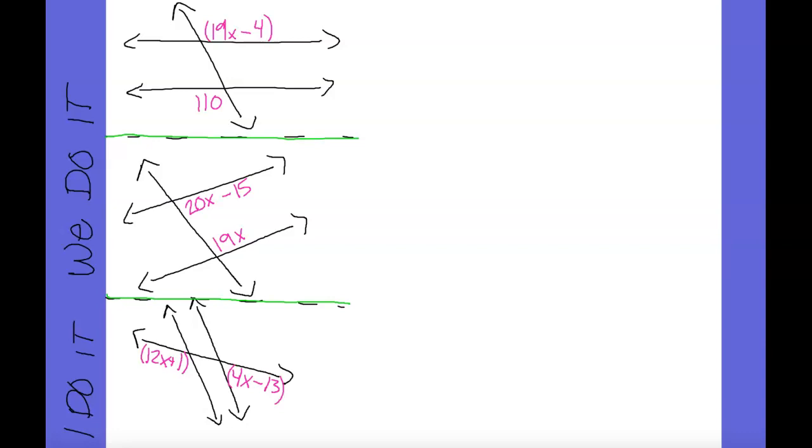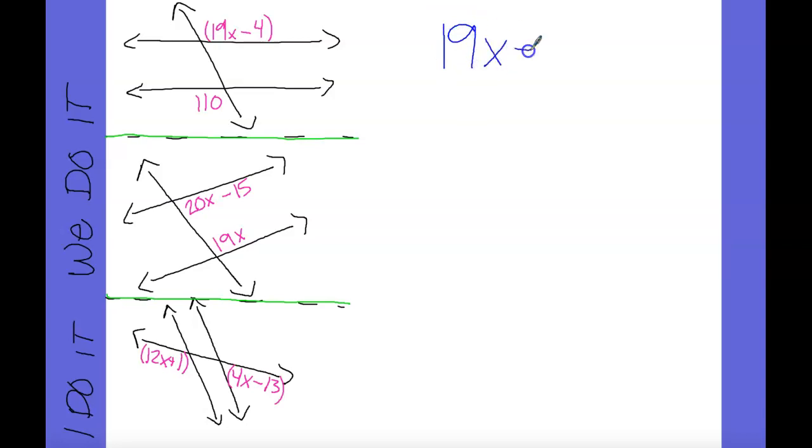Look at your notes. That's why you have notes in front of you. I told you that it's alternate exterior. Find alternate exterior. Does it say that the angles are congruent or supplementary? Congruent, which means they are the same. Okay? So if these are the same, I'm going to set them what?